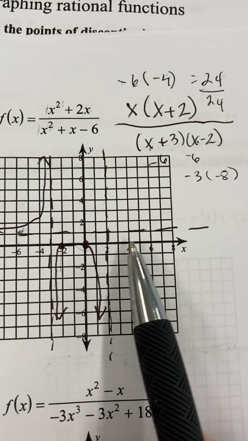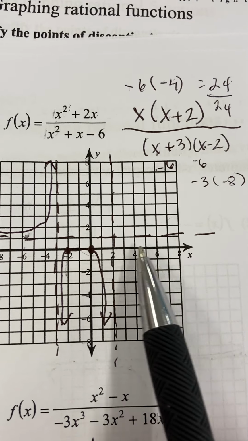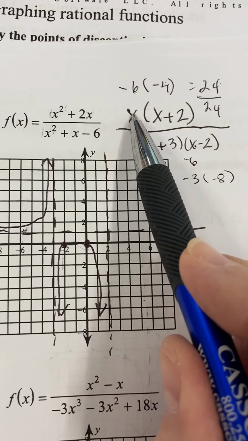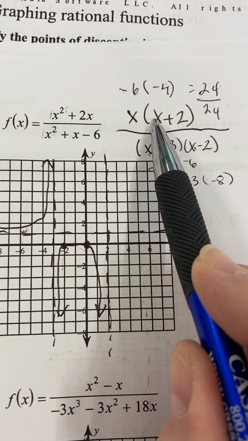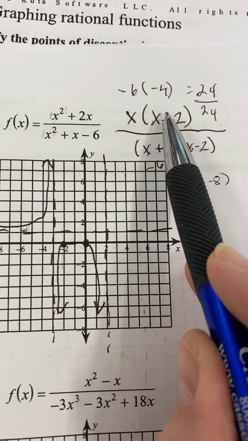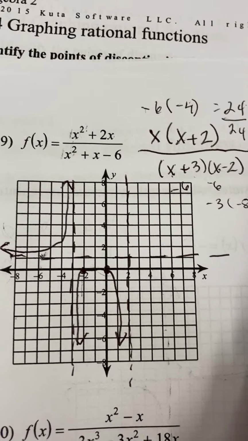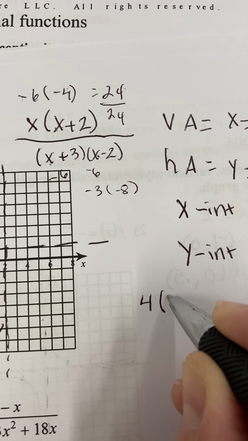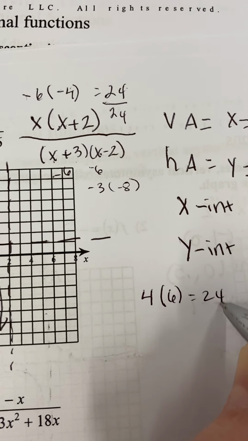Okay, over here we need to pick a number to the right of this asymptote right here. So let's pick a 4. We're going to put 4 in here. If I put 4 in here and a 4 in here, I'm definitely going to get a positive number. And let's see, stick 4 in there. 4 plus 2 is 6, so you get 24.